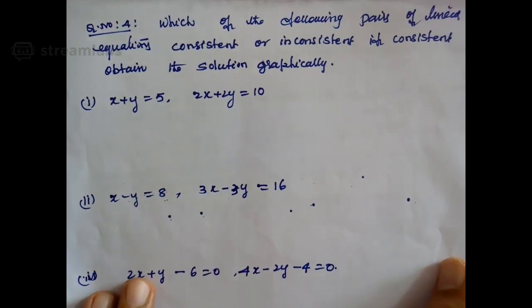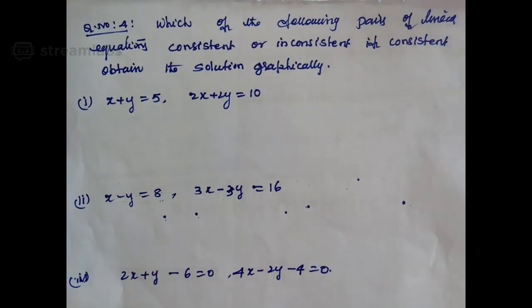Okay. Next one. See the fourth question. Which of the following pairs of linear equations are consistent or inconsistent? If consistent, obtain the solution graphically. It is similar to that process. Now check, we can plot a graph only for intersecting lines.